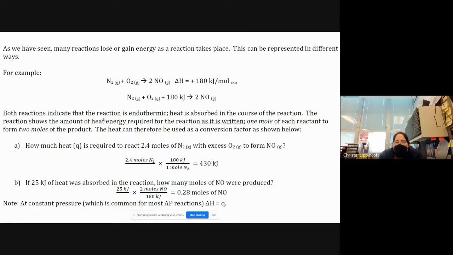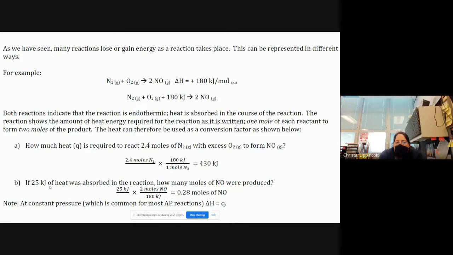So both reactions indicate that the reaction is endothermic. Heat is absorbed in the reaction, and 1 mole of the reactant is forming 2 moles of product. So how much heat is required to react 2.4 moles? This is kilojoules per mole, so you use your dimensional analysis to figure out how many kilojoules that would make.